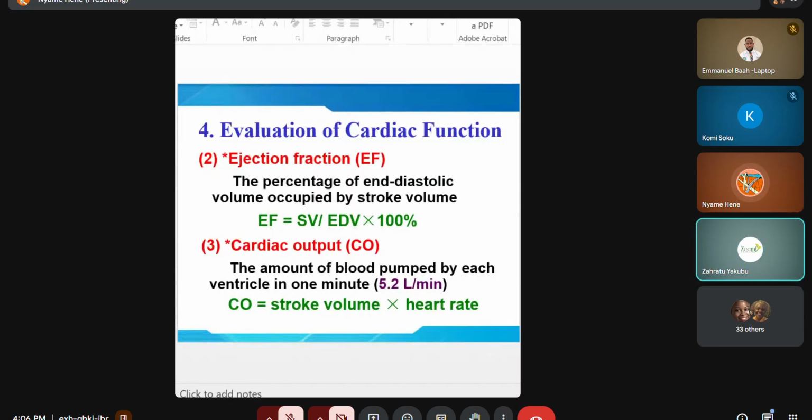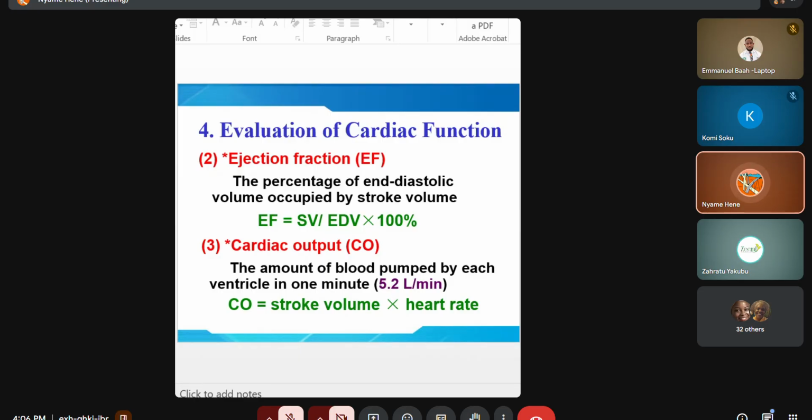If you want to know the ejection fraction, it's going to be the stroke volume, the 70 you got, over the 135, times 100, expressed as a percentage. So the ejection fraction is the percentage of end diastolic volume occupied by stroke volume.